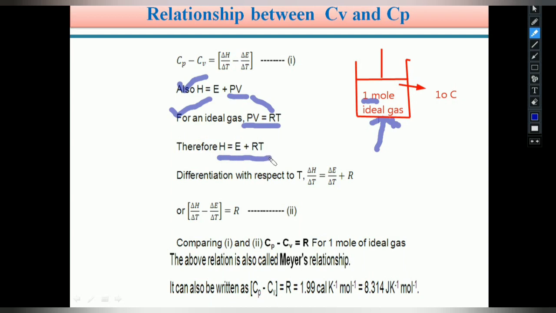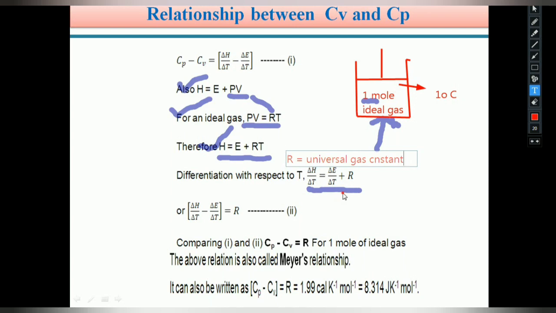I differentiate this equation with respect to T, and the equation becomes delta H by delta T equals delta E by delta T plus the derivative of R. Students, you know R is the universal gas constant, so for a constant, if you differentiate, it becomes 0.